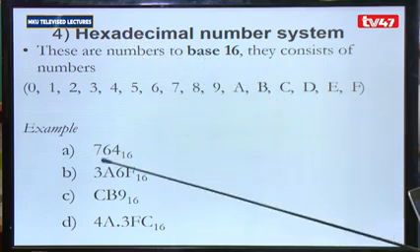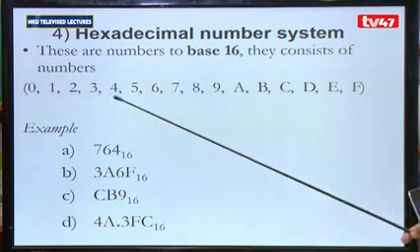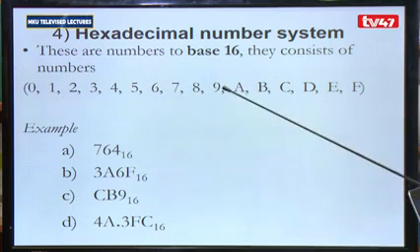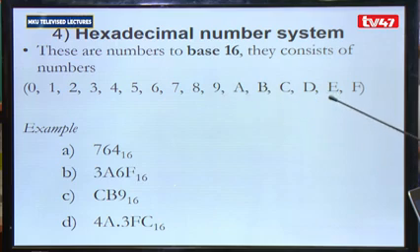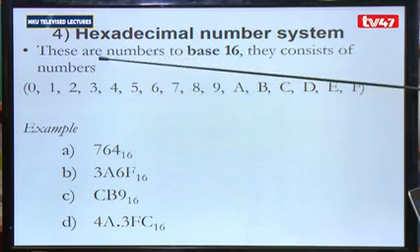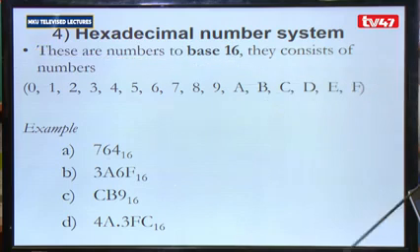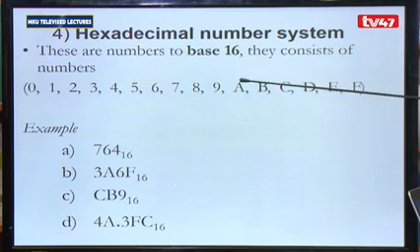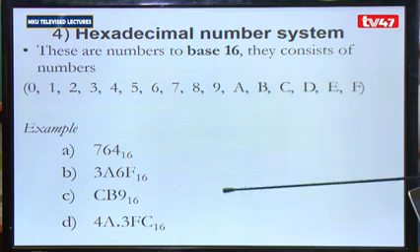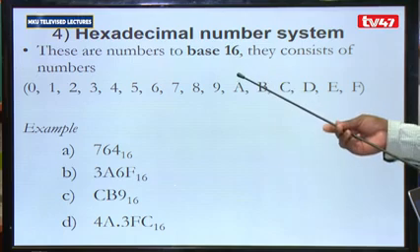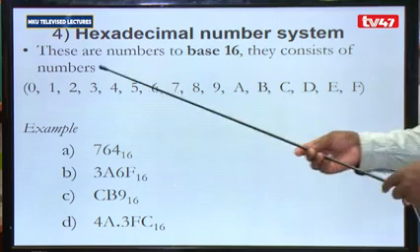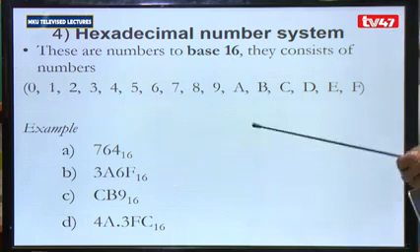They consist of numbers 0, 1, 2, 3, 4, 5, 6, 7, 8, 9. Then after 9, A, B, C, D, E, and F. After 9, we don't use 10 as a value, because when you write 10 here, you'll have 1 and 0, which are already represented as separate values.